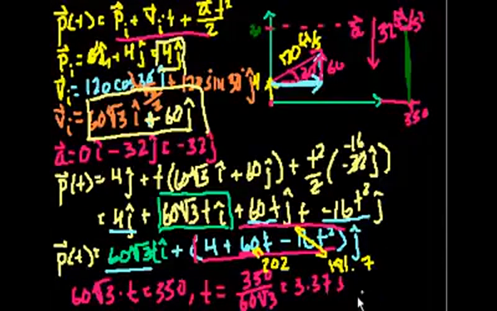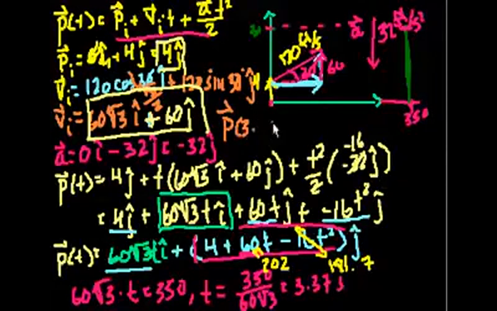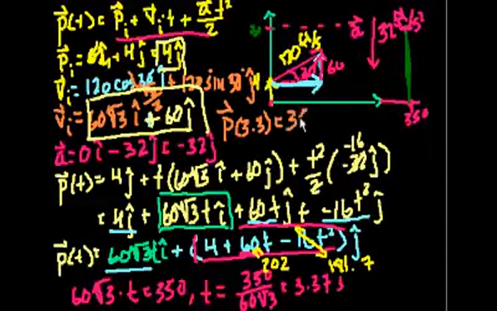So at 3.37 seconds, the y position, so we can even write it like this. Let me see, I'm running out of space. But we could say the position at 3.37 seconds is equal to 350 i, right?